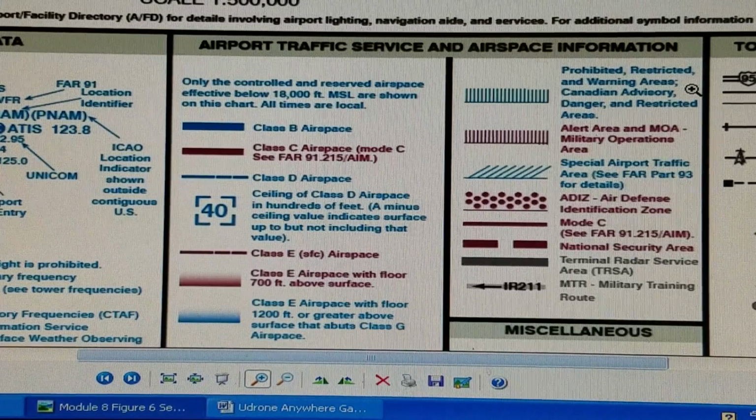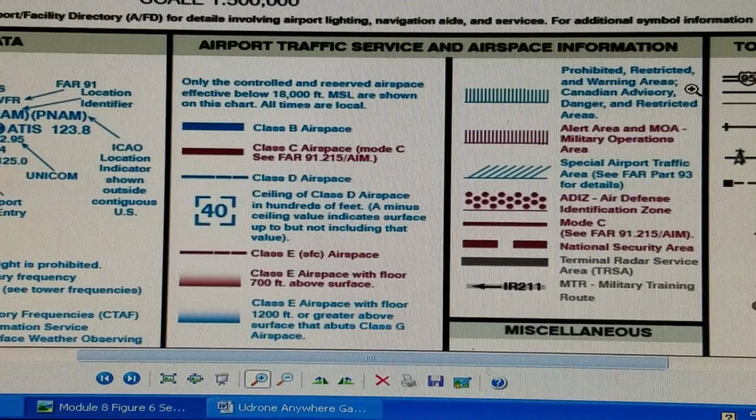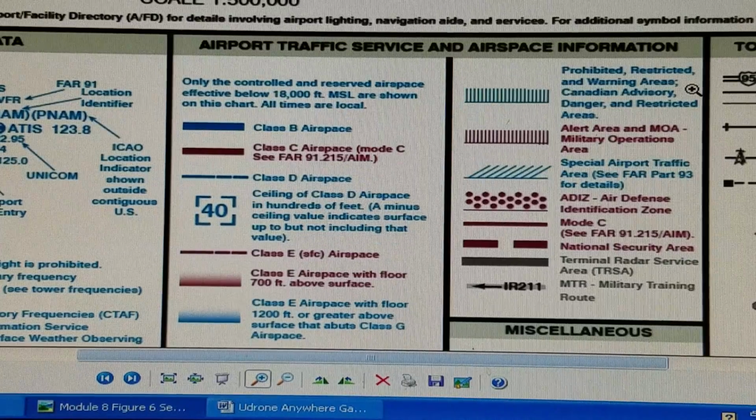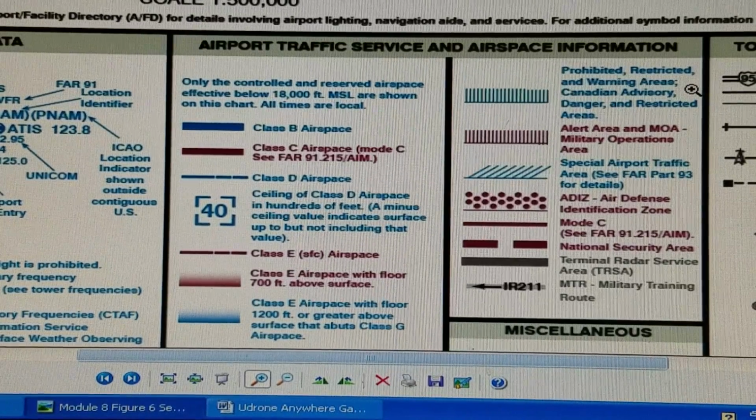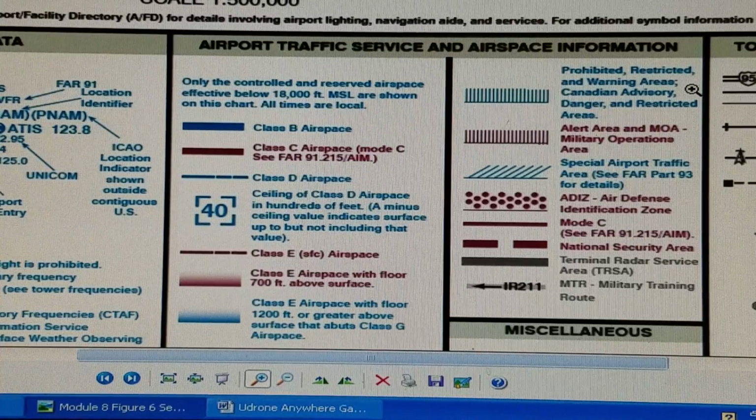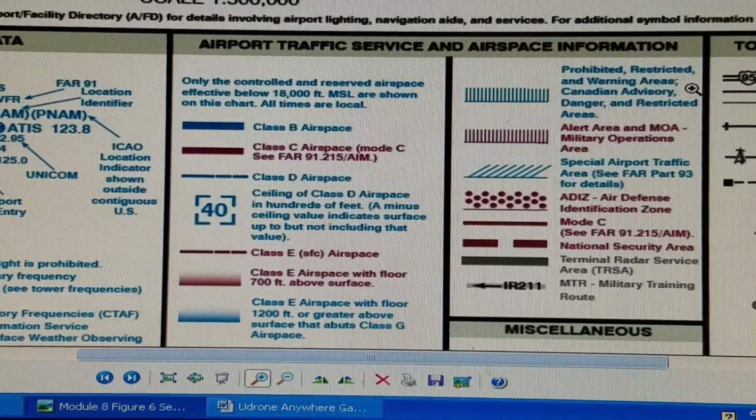It's dealing with aircraft equipment, that it's compulsory for aircraft to have transponders. And it should be kept separate from Class C airspace classification.